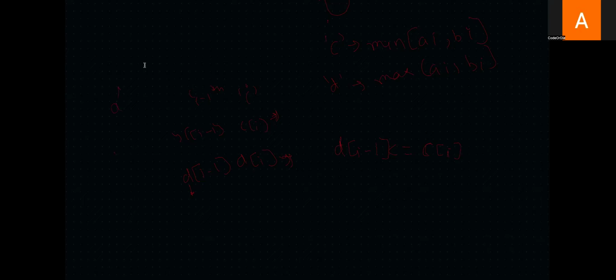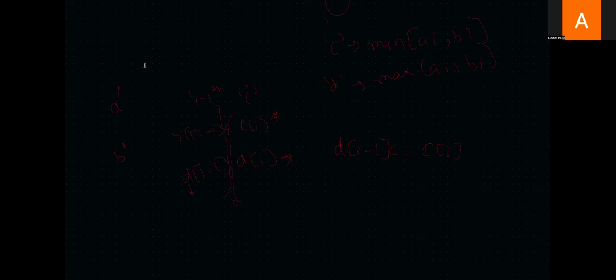In this a dash array, I can put at the ith index either ci or di, because it won't change anything. It will still be sorted, because even the maximum value at the previous index is less than the minimum value at the next index. So even if you keep it like ci or di, or di or ci, it really won't matter. You are free to do this.